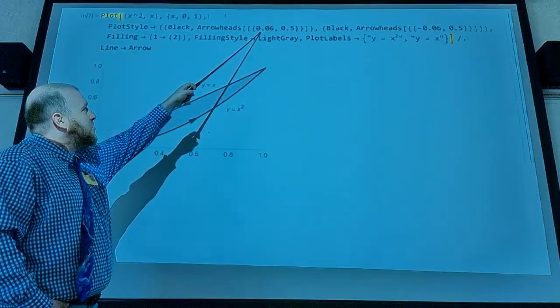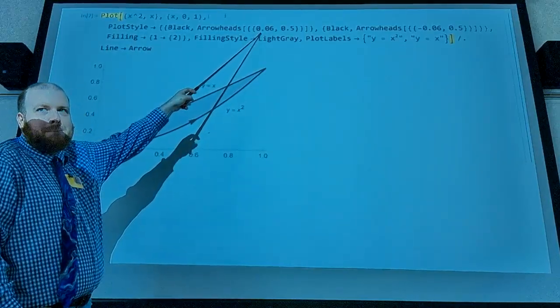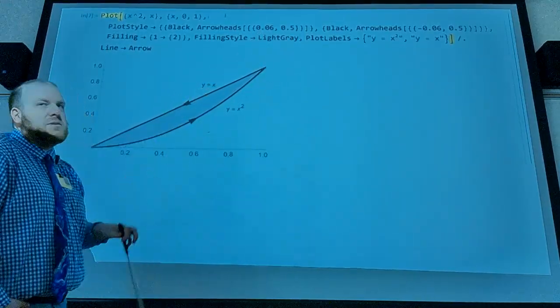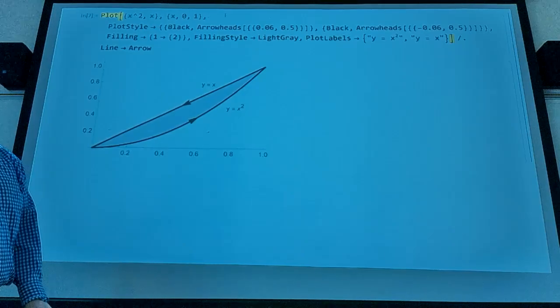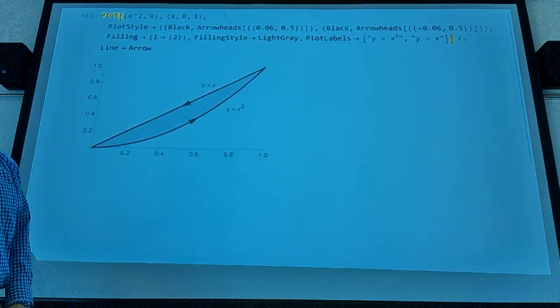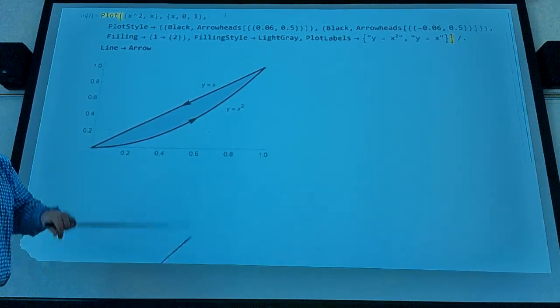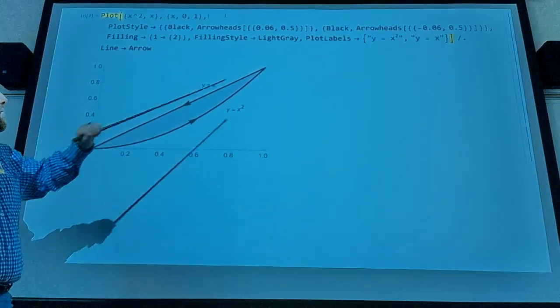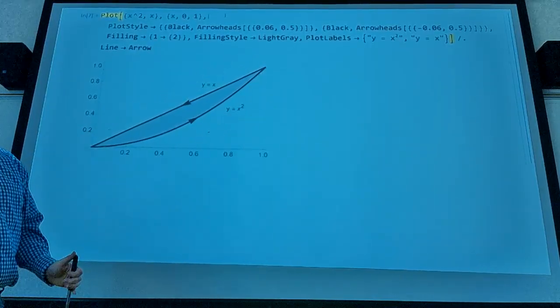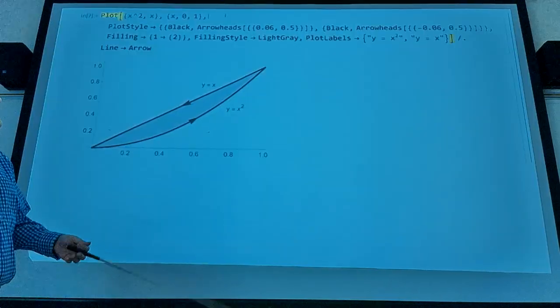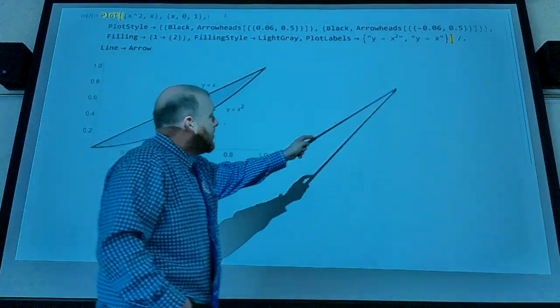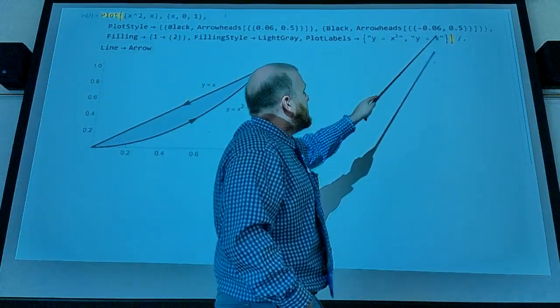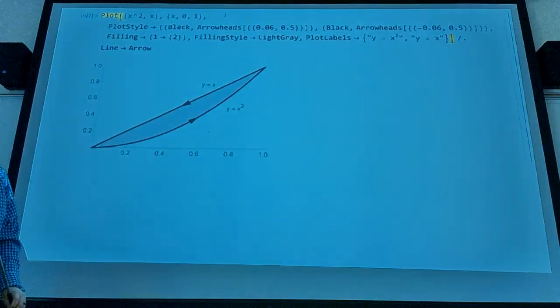The first number represents the size of the arrow. Second number represents a position. And I think both are between 0 and 1. I know for a fact the position is between 0 and 1, 0 being the starting point, 1 being the end point. To switch the direction of the arrow, you just put a minus in front of the size.